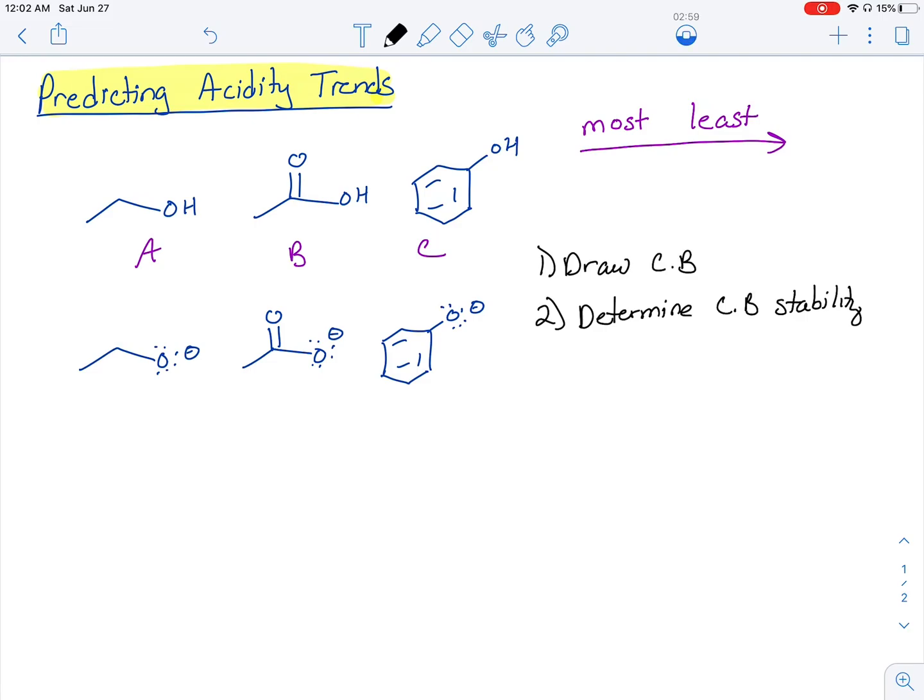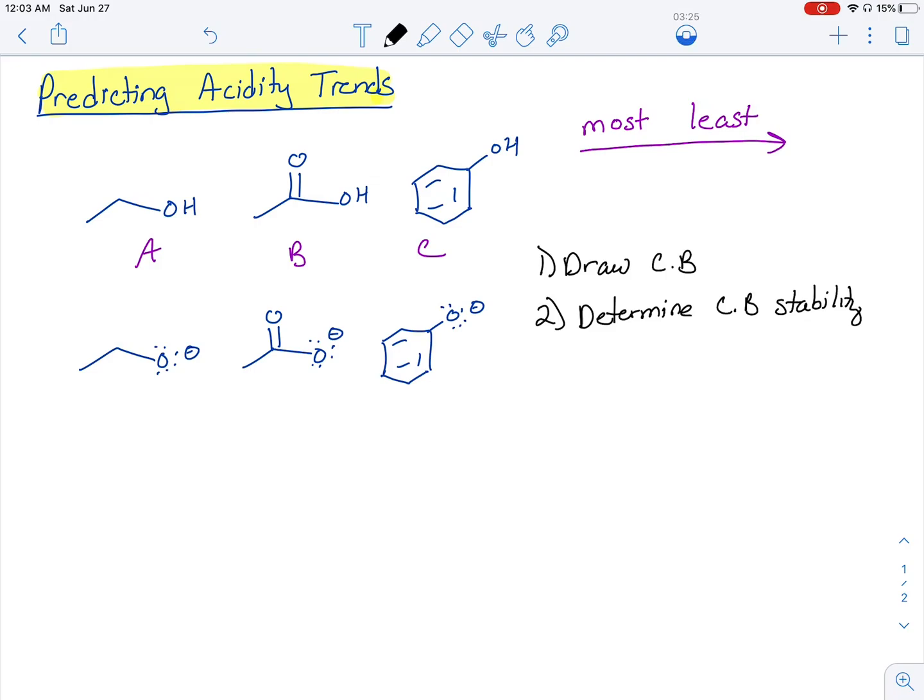So it's only going to give up the proton if it's stable when it loses it. It's the same analogy as money: you're never going to give up money to somebody unless you are stable and can still afford to pay all your bills when you lose that money. This acid is not going to be willing to donate the proton unless it's stable when it loses the proton.